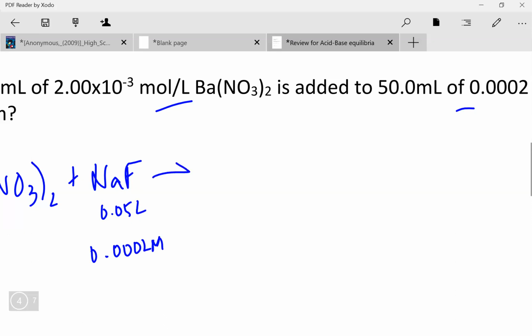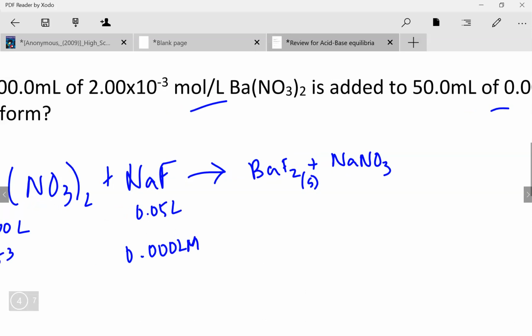Those are my values, and again I'm going to form here barium fluoride plus sodium nitrate, and I know this is the solid, just because all nitrates are soluble.